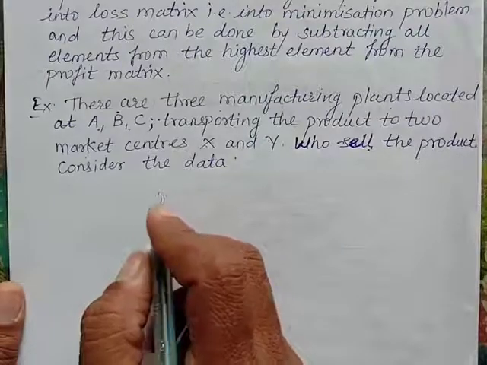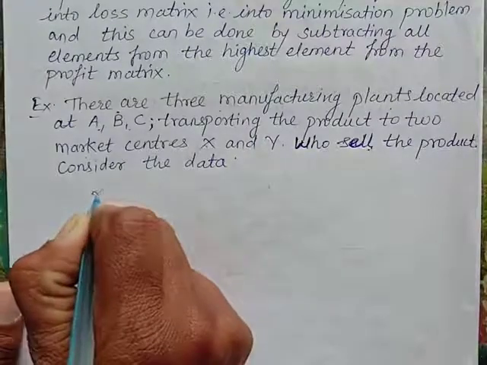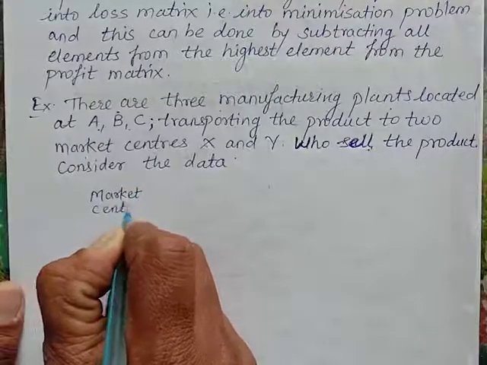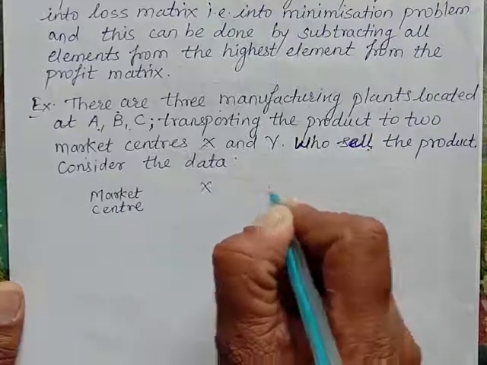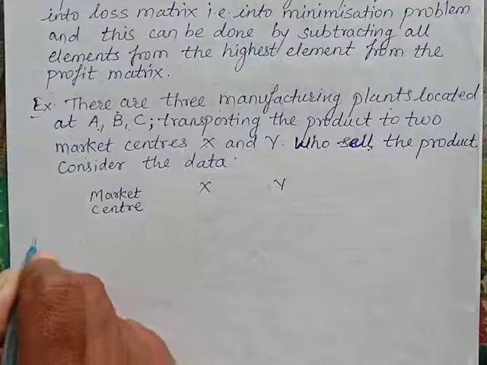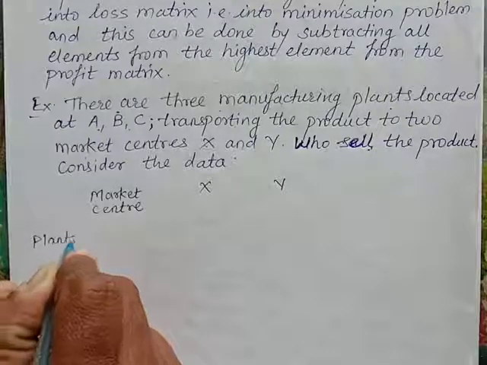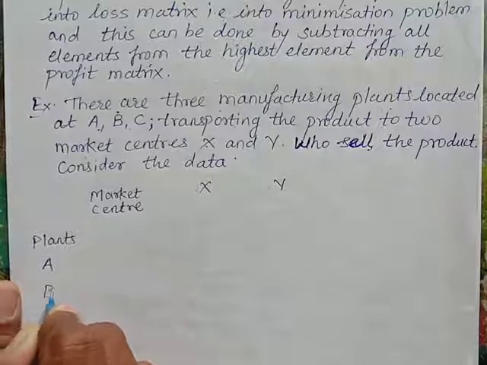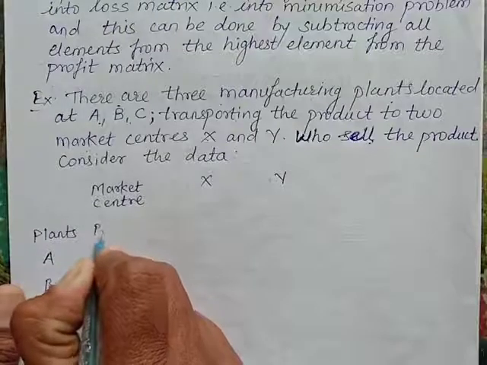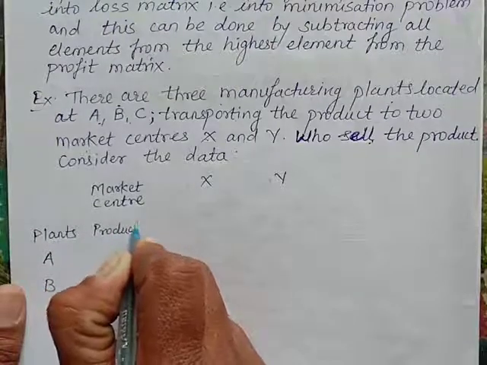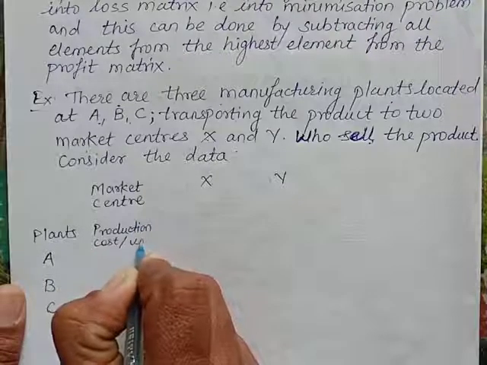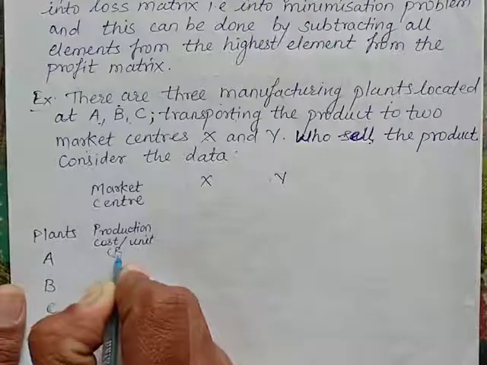Here the market centers are X and Y, and the plants are A, B and C. The production cost per unit is given in rupees.